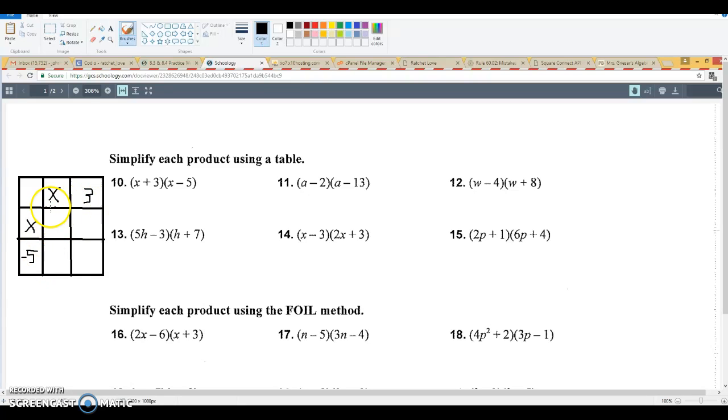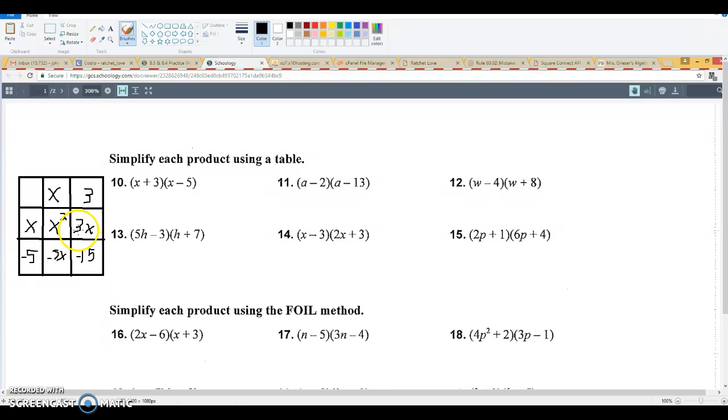And so we just say x times x is x squared. x times 3 is 3x. x times minus 5 is minus 5x. 3 times minus 5 is negative 15.